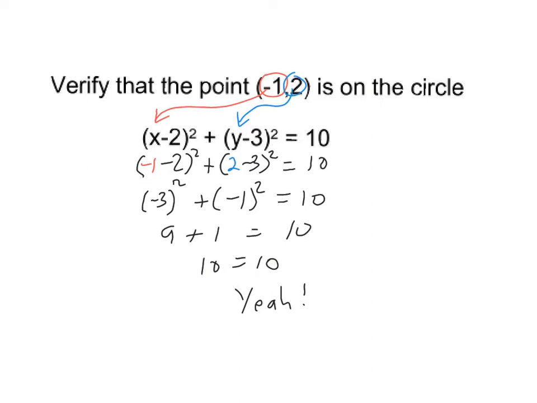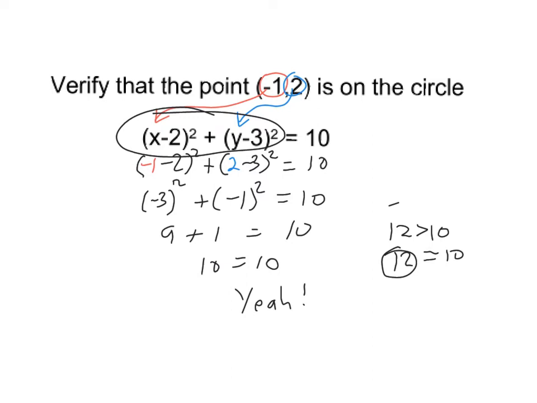So this is kind of important because if we were to try a point that ends up being, let's say, 12 on the left side, and we want it to be equal to 10, this basically means that when we did order of operations we got 12 on the left side and 10 on the right side, and obviously 12 is bigger than 10.